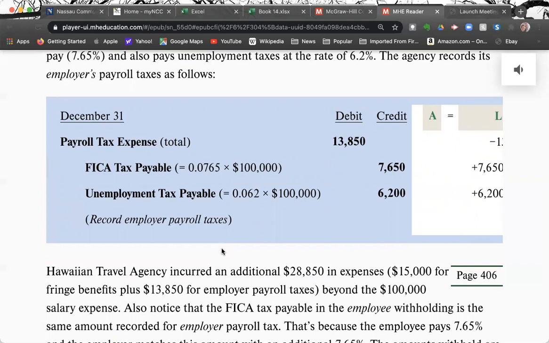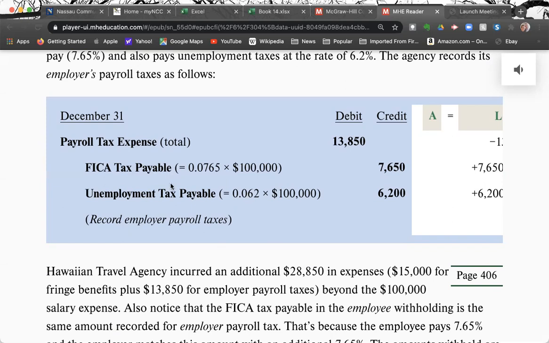Now, remember, I told you earlier that whatever is taken out of your paycheck for Social Security and Medicare is also being paid by the employer. Yes, it gets paid twice. You pay it once, the employer pays it again. In this case, it came out to $7,650. Credit Social Security tax payable.